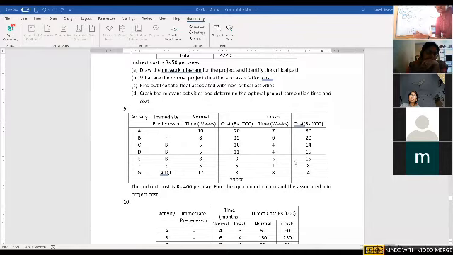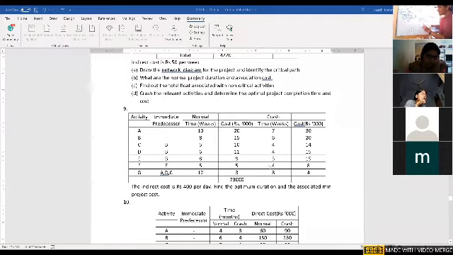So for activity E, the crash cost is 15 and normal cost is 9. So 15 minus 9, and the durations are 8 and 5. 15 minus 9 divided by 8 and 5. So what is 15 minus 9? 6 by 3, which is 2. Okay. And then for activity 3 to 6, come to F. The costs are 8 and 5.